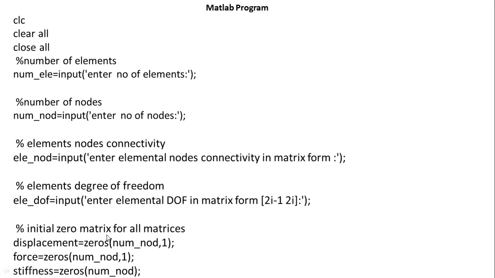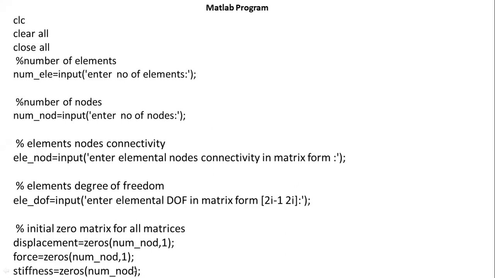Then initialize a zero matrix, because we basically require 3 matrices, starting with the element stiffness matrix. After that, the summation of all element stiffness matrices converts to the global stiffness matrix. So we define stiffness with size num node by num node. The meaning of zeros of num node is that it creates a square matrix, number of nodes multiplied by number of nodes.